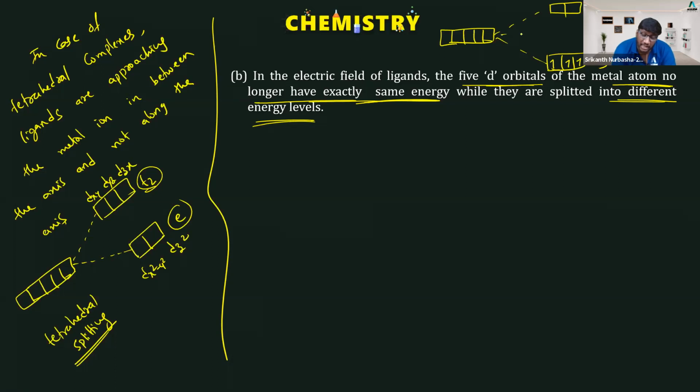If you have a strong field ligand, the fourth electron will pair. Strong field ligand means the difference between T2g and Eg is high, so the fourth electron is going to be paired up. If we have a weak field ligand, the fourth electron goes into the Eg. Like that, we have to write the electronic configuration from d1 to d10 systems.